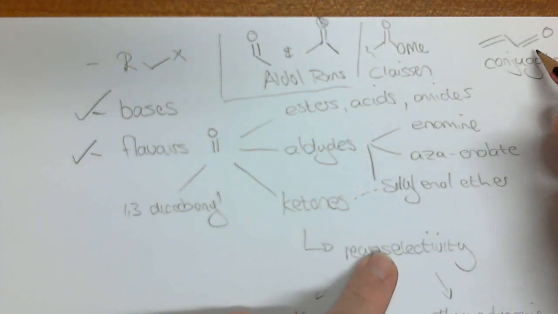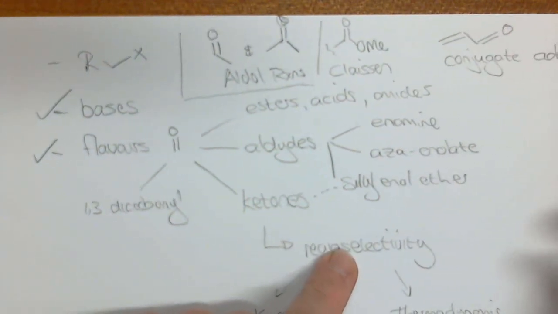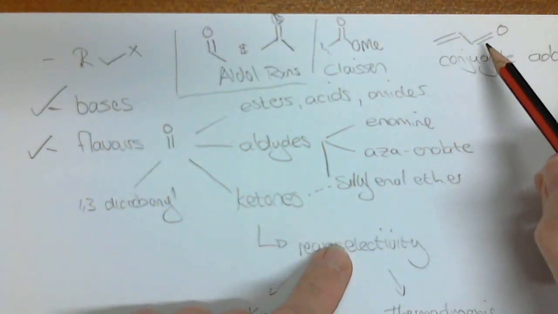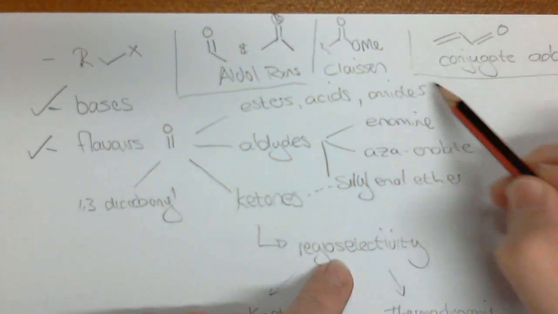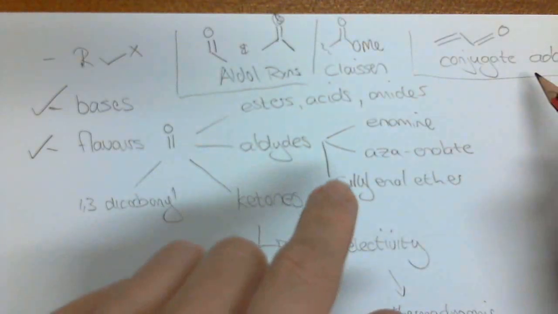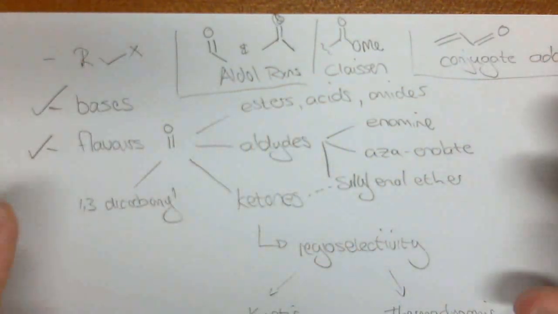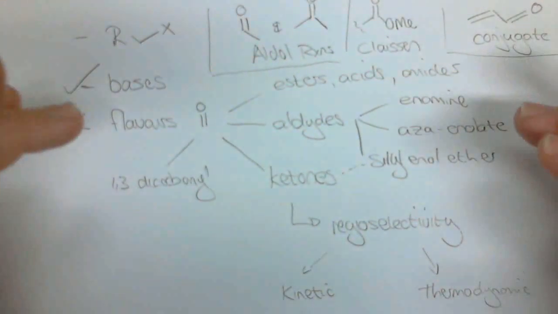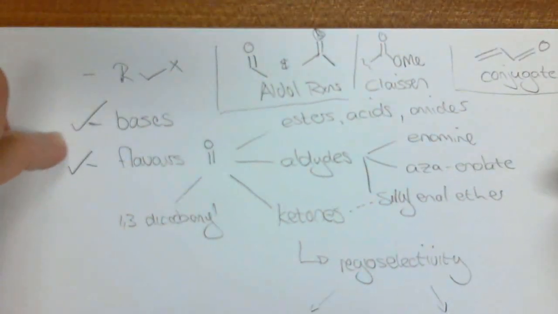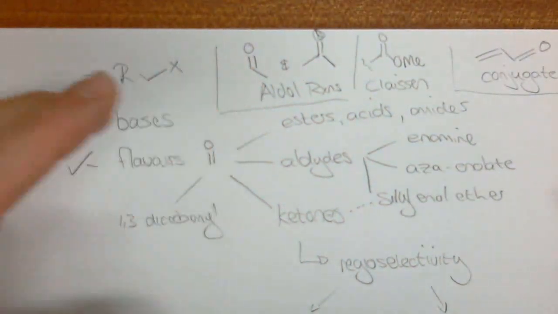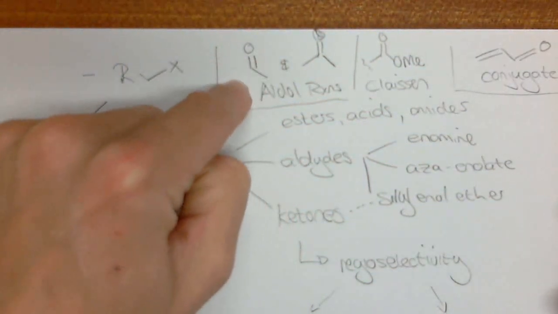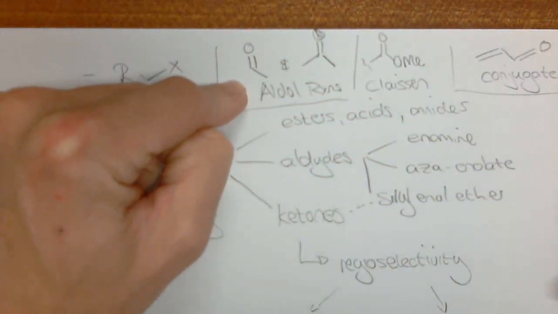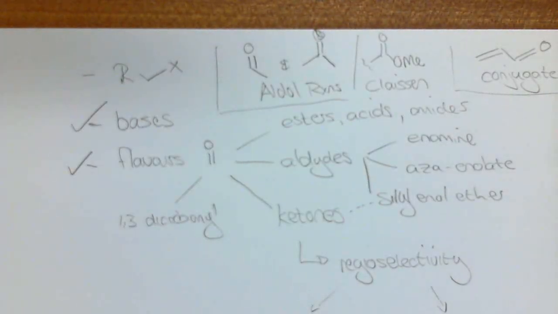They're still going to have a carbonyl group on them, but the way that they act as electrophiles is slightly different, and that's a whole section as well. But all the mechanisms have already been covered over here. So there's a lot of work that's been done. It's now just knowing all this, we're now just going to be applying it to a different electrophile, and that's what we're going to be studying.